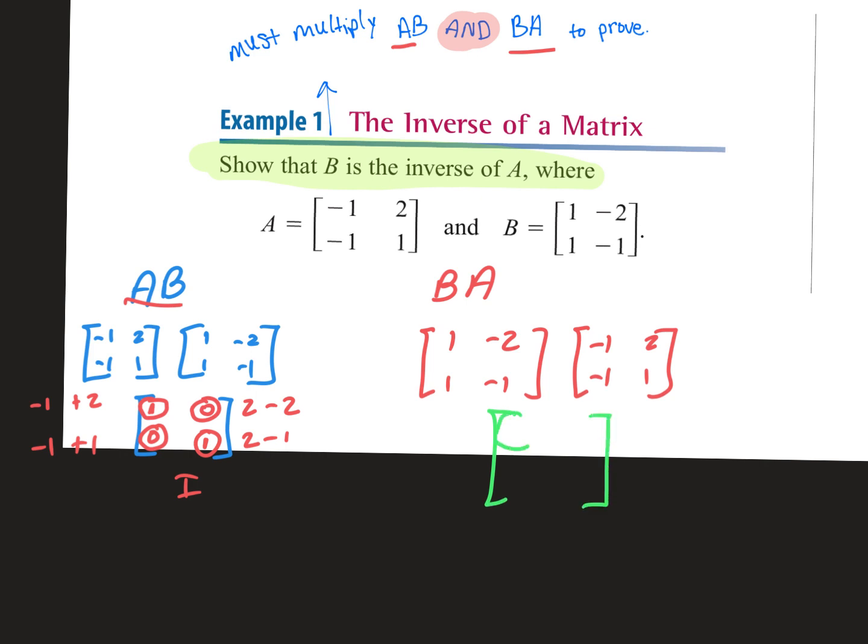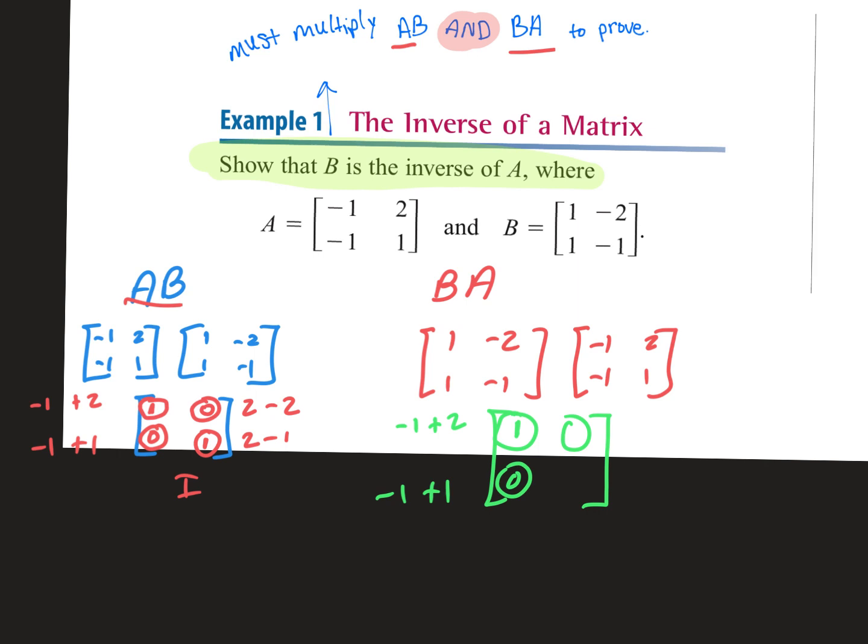Again, I'm going to find this value right here. First row, first column. 1 times -1 is -1, -2 times -1 is +2, so -1 and 2 is 1. Now second row, first column. 1 times -1 is -1, -1 times -1 is +1, so -1 plus 1 is 0.